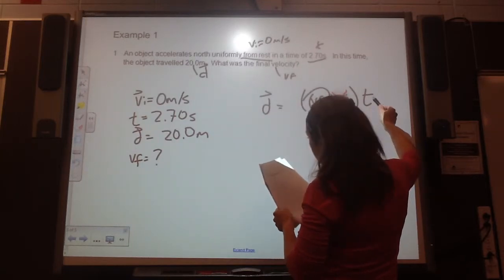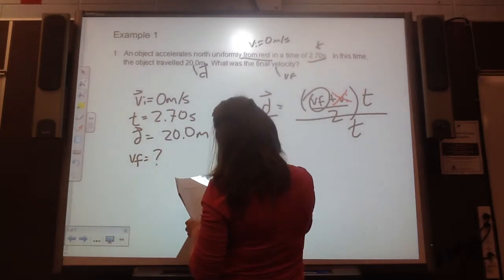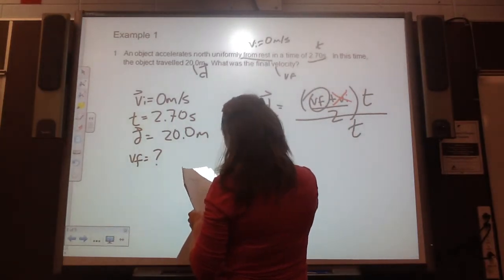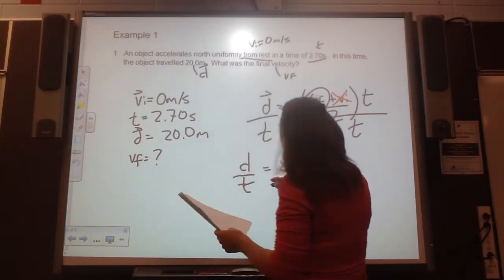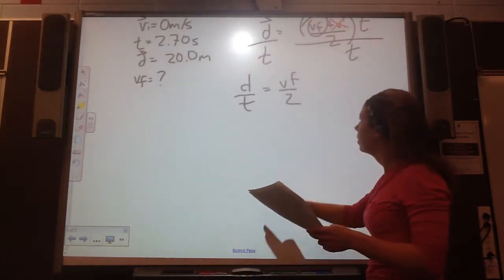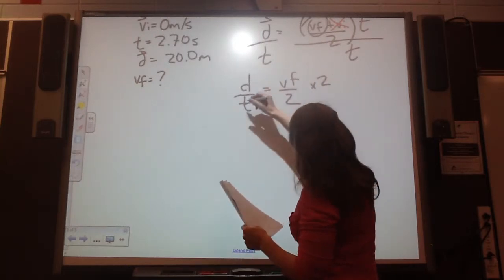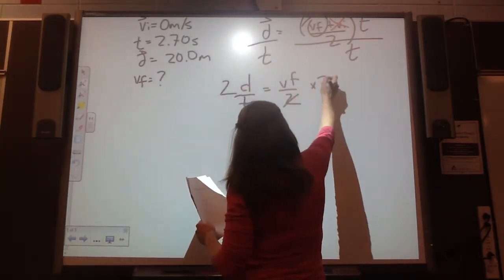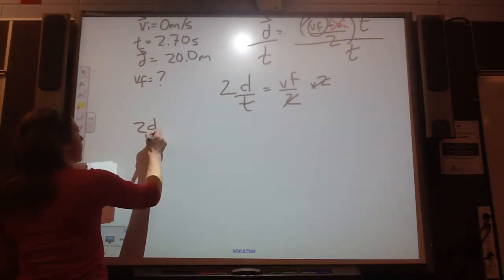It's multiplied by T. So I need to divide by T, divide by T. So I have D over T is equal to Vf over 2. I want to isolate for Vf. Right now it's divided by 2, so I multiply by 2, multiply by 2. So now I have the formula that I can work with.